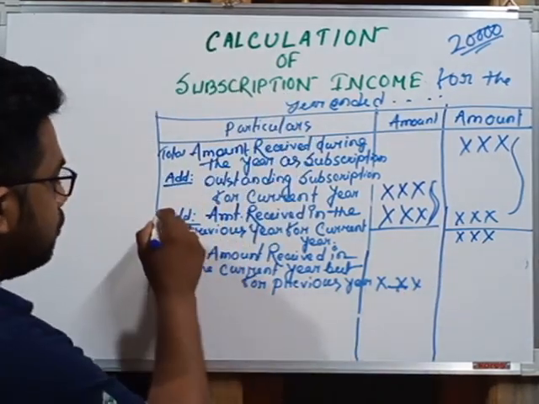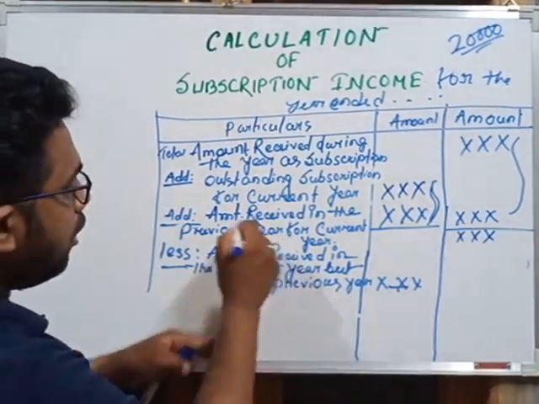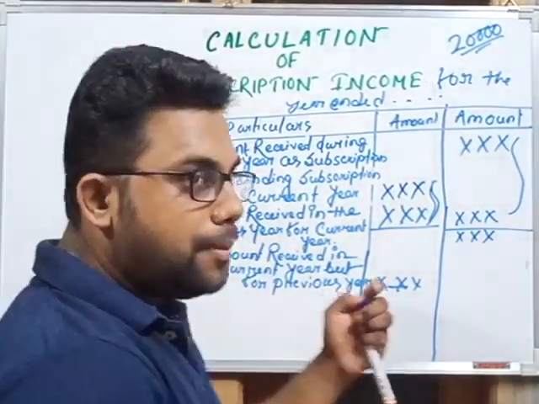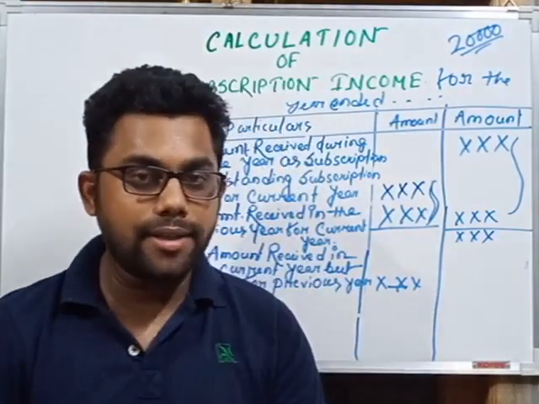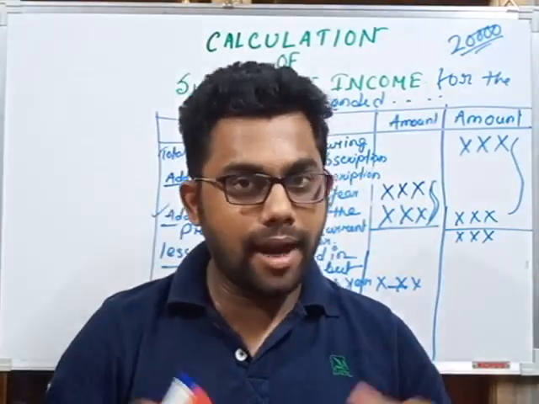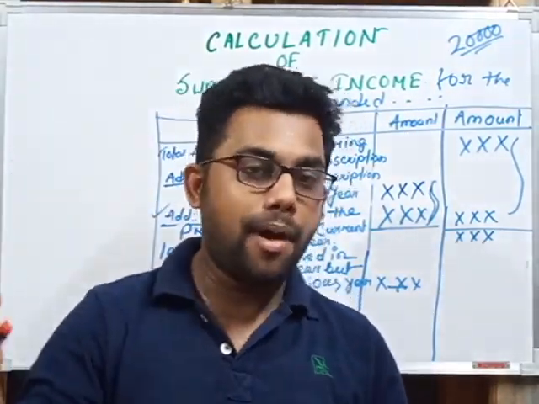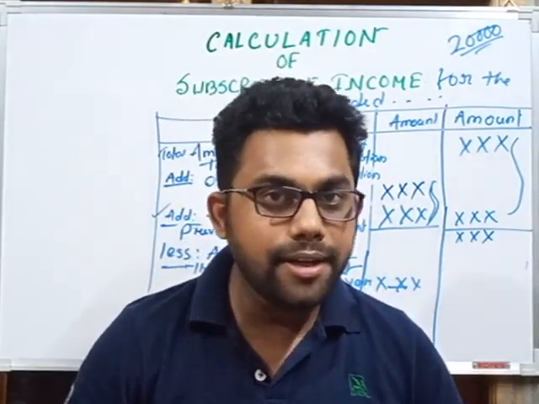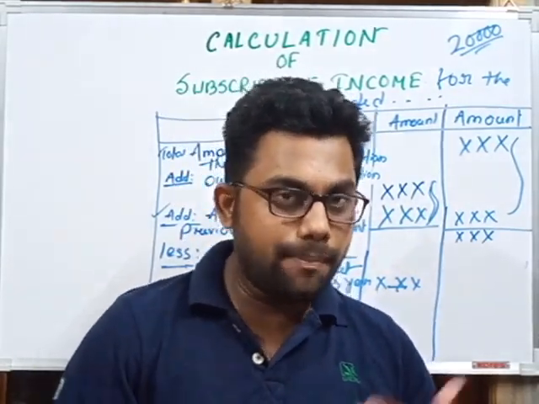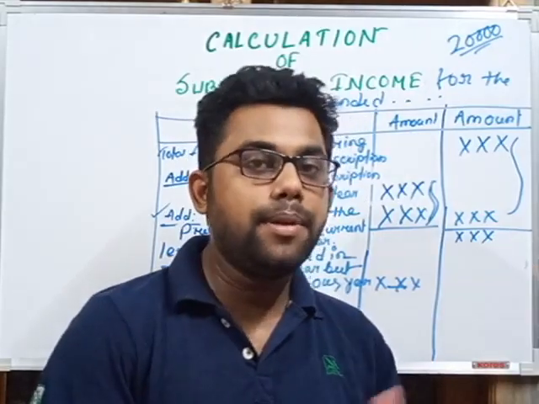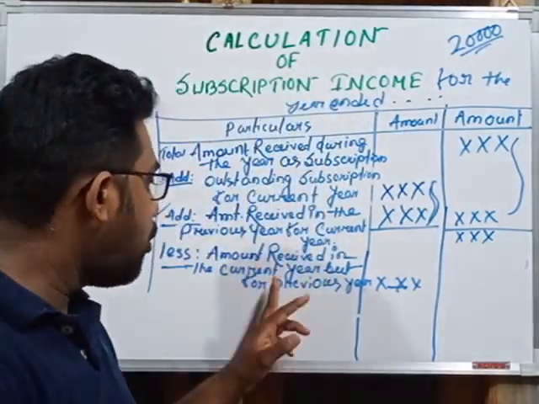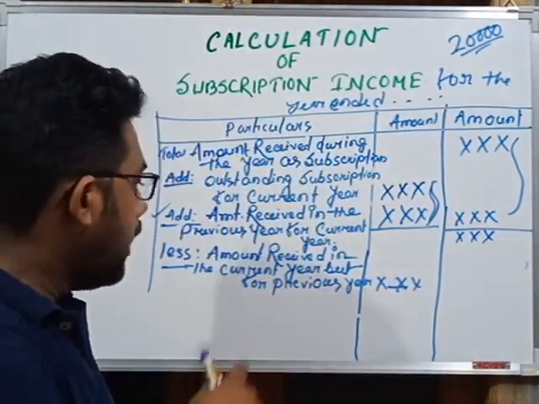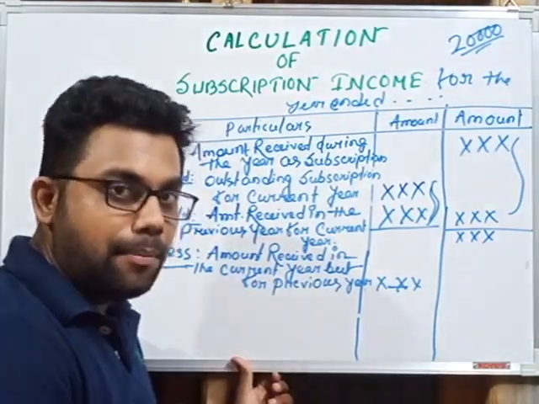This is the opposite of that item. In the previous item I said that the amount received in the previous year but for the current year is a current year income, because the person has paid the amount in advance in the previous year. But in this point it says amount received in the current year but for the previous year.